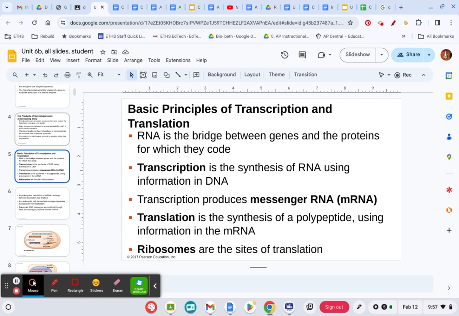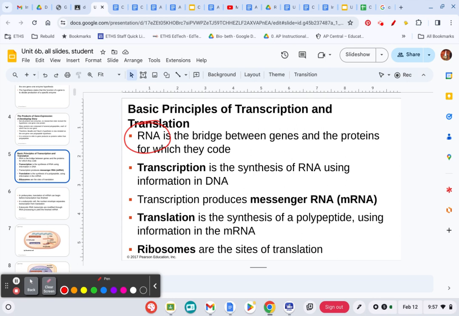Okay, so basic ideas and words that you need to know. DNA we've already talked about, right? Deoxyribonucleic acid. But now we're going to be bringing another one in here, which is RNA. RNA is ribonucleic acid. And how is RNA different from DNA? It's one-stranded.